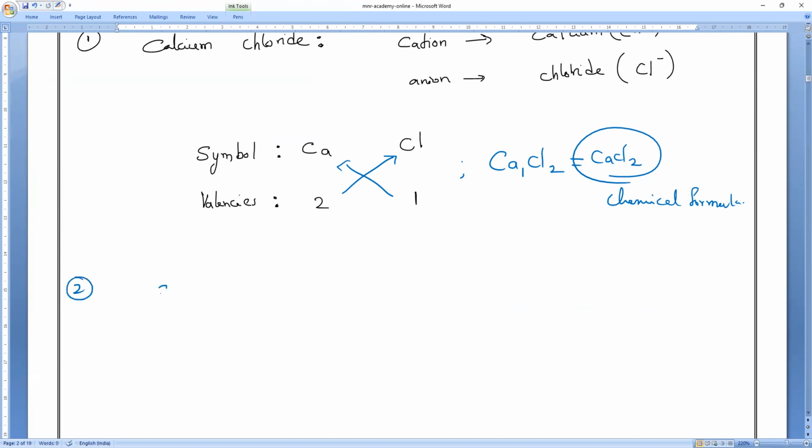Second one, sodium carbonate. What are the ions present first, cation and anion? Identify it from the book.